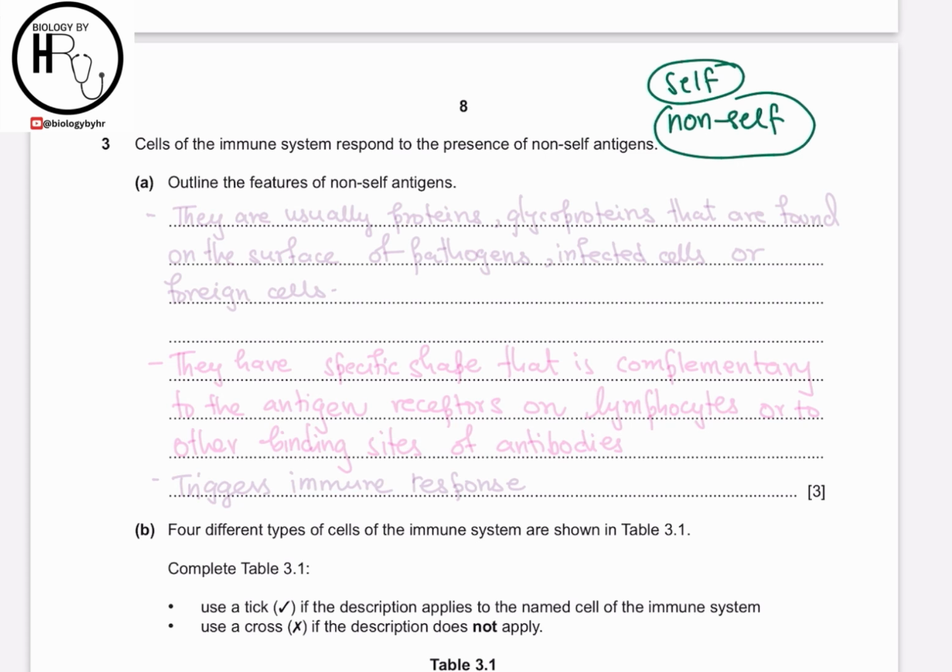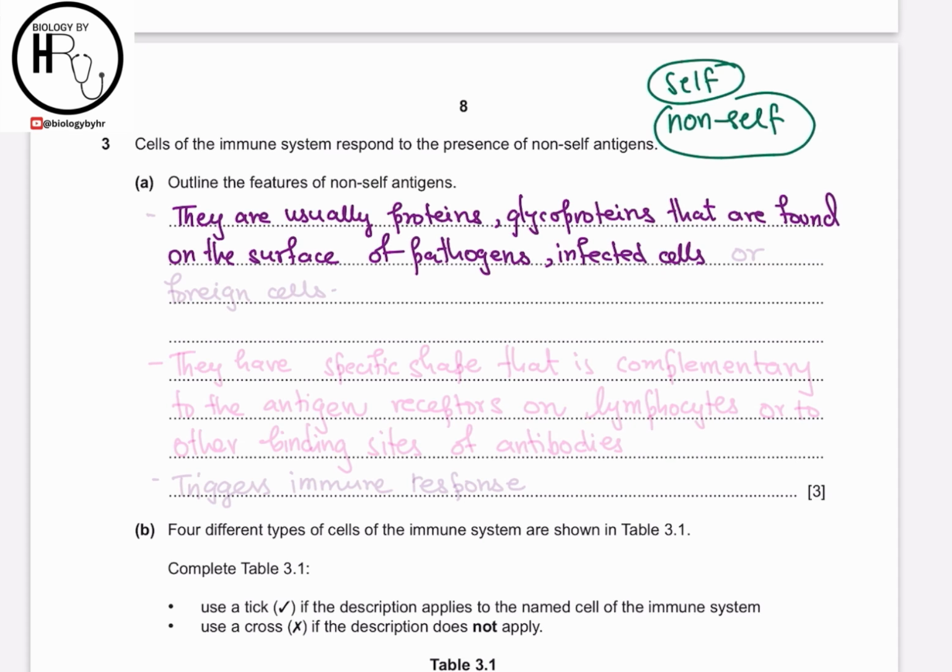Antigens are usually proteins or glycoproteins that are found on the surface of the pathogen, infected cells or any foreign cells, which means they are foreign molecules often found on the surface of pathogens, infected cells or foreign cells.